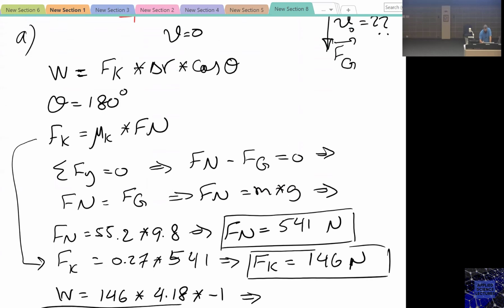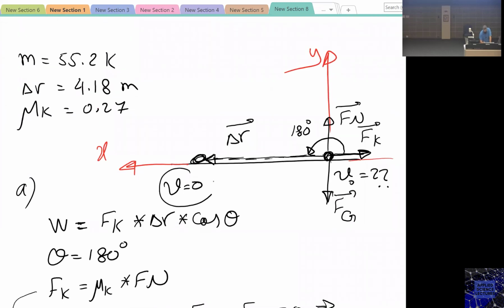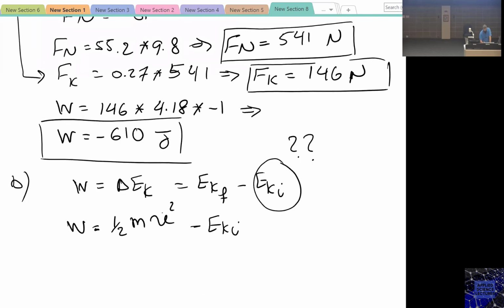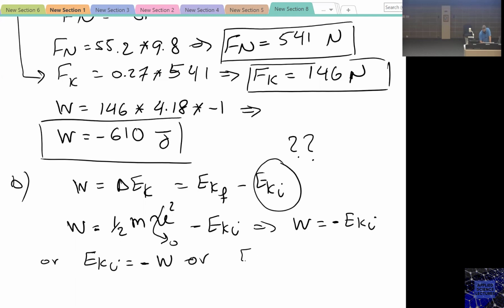Remember, what did we say about the final velocity? Because it stopped, the speed was 0, right? So this one is 0, which means that W equals minus EKI, or EKI is minus W, or EKI is 610 joules.